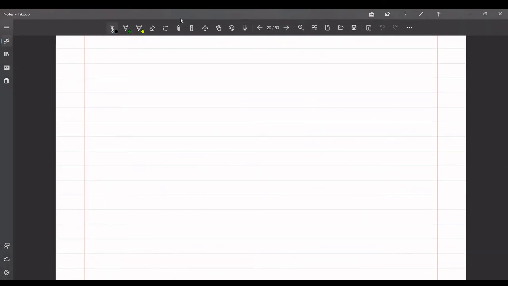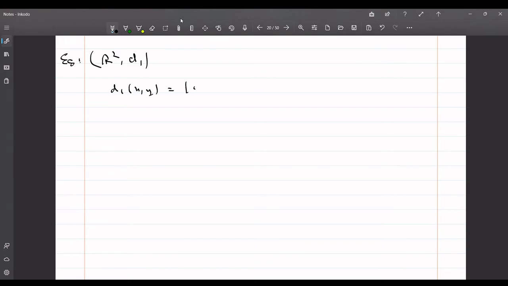Now suppose we take this metric, R2 and D1. Okay, so what is D1 of x, y? It is basically mod of y1 minus x1 plus mod of y2 minus x2.